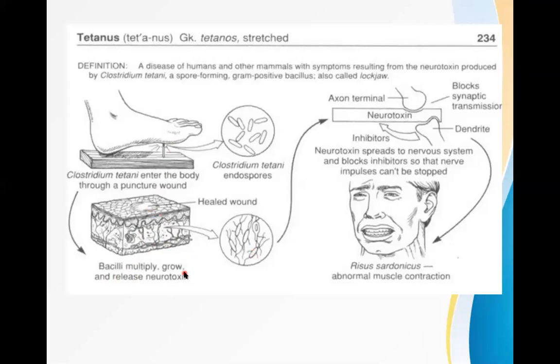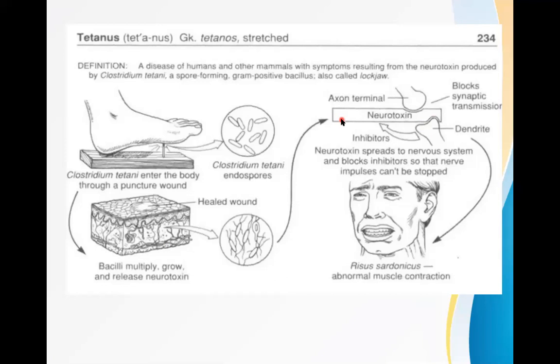Now after this neurotoxin is produced, it reaches the axon terminal. It is absorbed there and carried by the axon towards the central nervous system. Now this is called retrograde transmission.